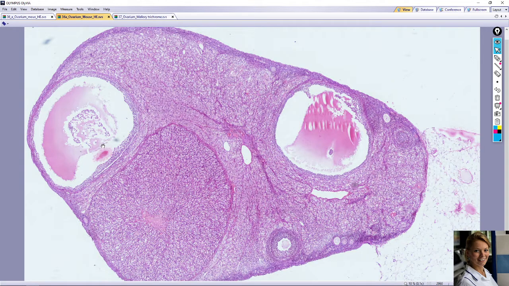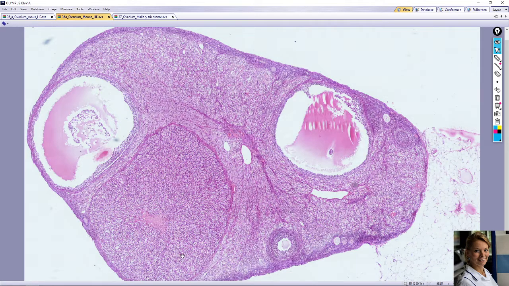The oocyte is surrounded by corona radiata of granulosa cells, and the bridge between the oocyte and granulosa cells is called cumulus oophorus.